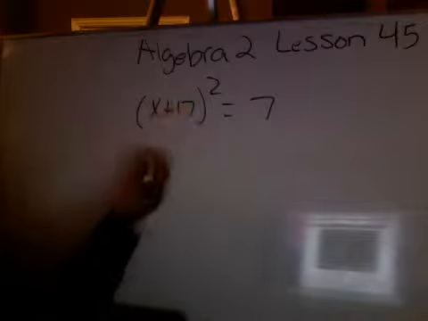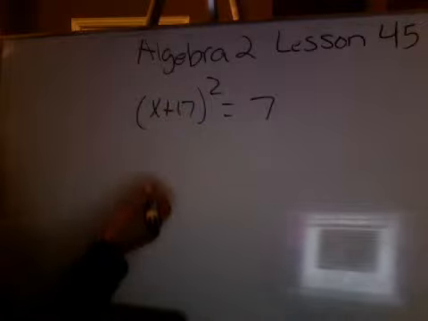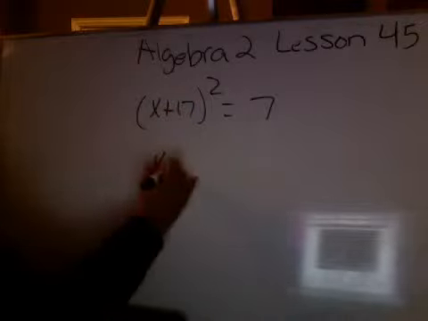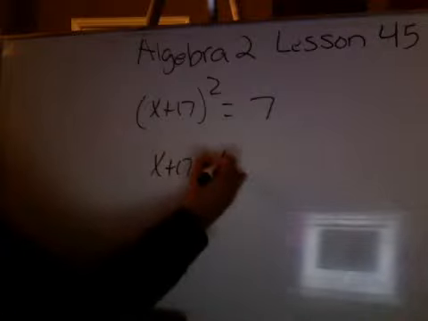You take the square root, and you get x plus 17 equals plus or minus the square root of 7.